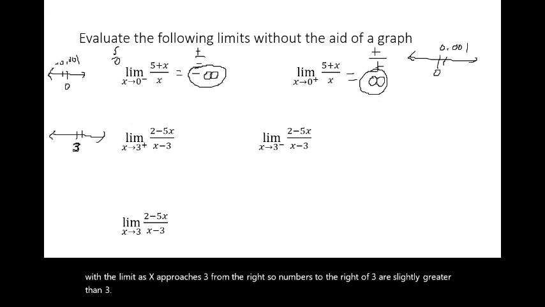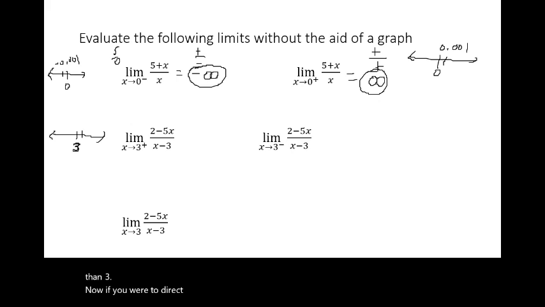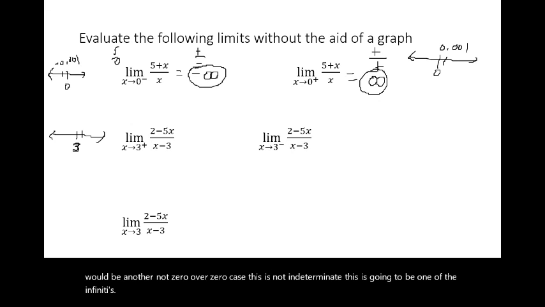Now if you were to direct substitute, you get 2 minus 15, which is not 0 over 0. This would be another not 0 over 0 case. This is not indeterminate. This is going to be one of the infinities. The question is, which infinity? That's where the direction comes in.